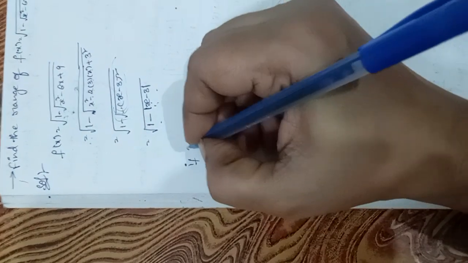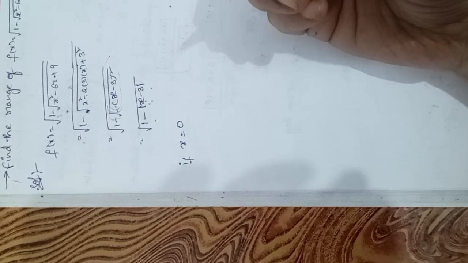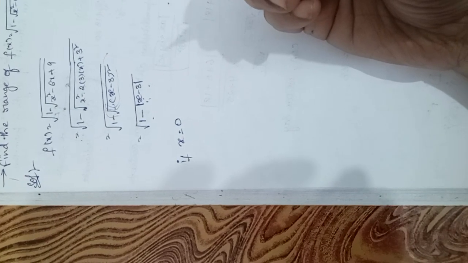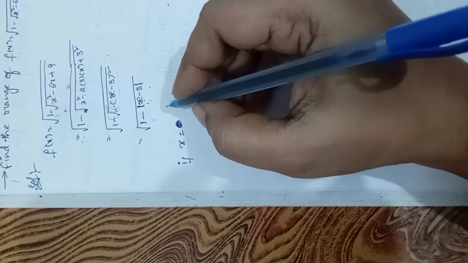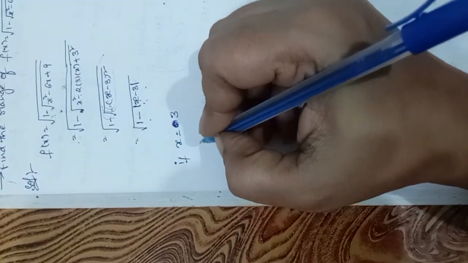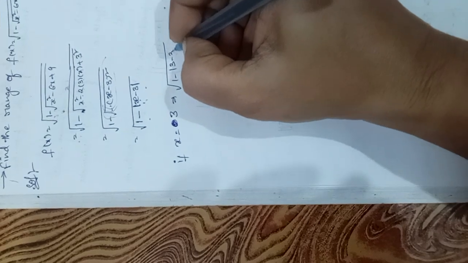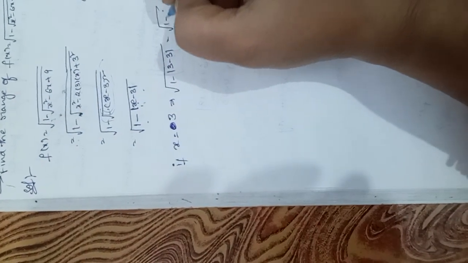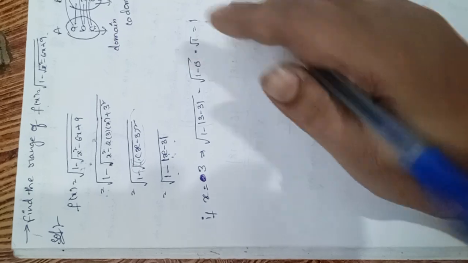Okay, so say for example, if I am substituting the value x equals 3, what we will get? Root of 1 minus mod 3 minus 3, which is root 1 minus 0, which is equal to root 1 equals 1, right?